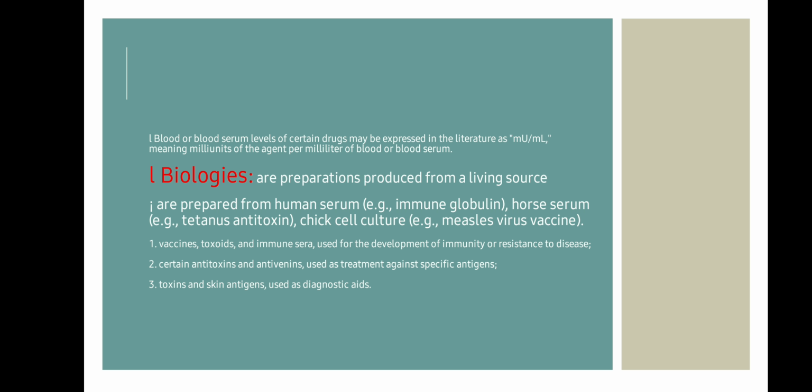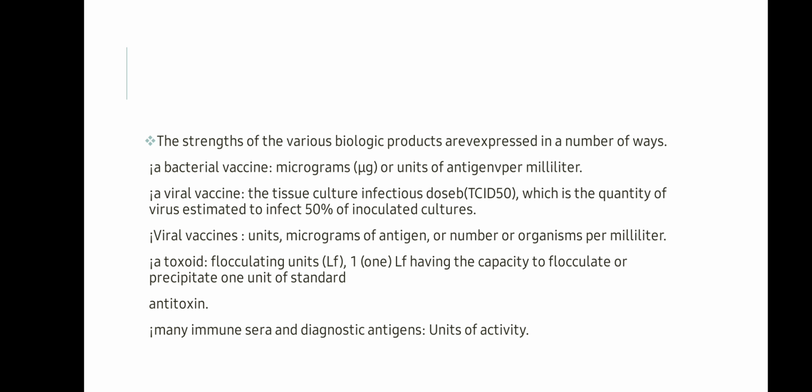So, mga samples ng biologics natin, yun yung mga vaccines natin, toxoids, immune sera is for development of immunity or resistance to disease. Certain antitoxins and antivenins natin for treatment against specific antigens. For toxins and skin antigens used as diagnostic aids.